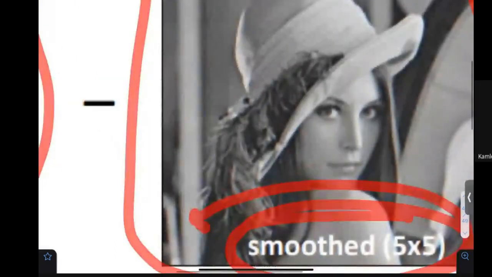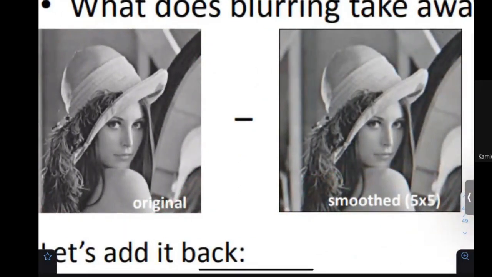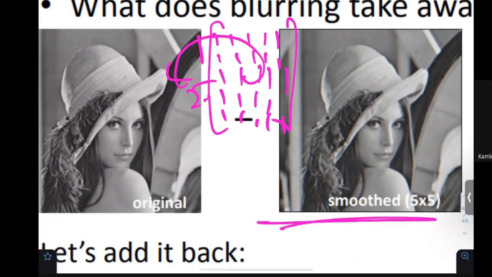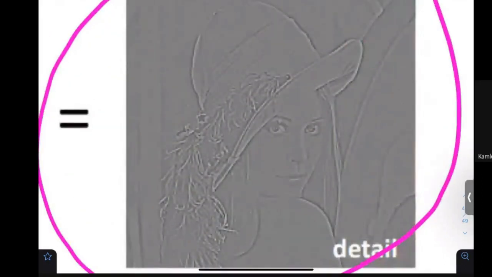A 5 by 5 smoothing kernel, where each entry is 1 divided by 25, is applied on this image, and I get this image. Is everybody clear on that? And if I subtract this image from this image, what do I get? I get this image. Can you see what is there?